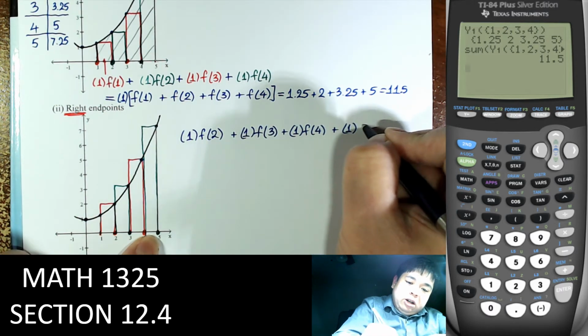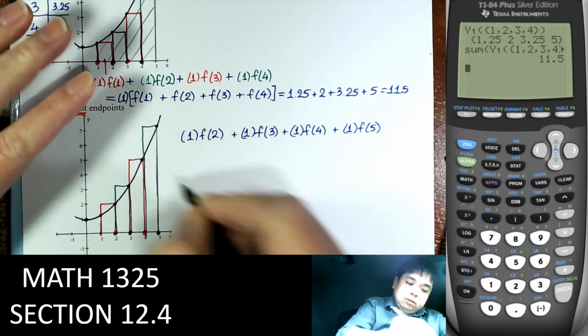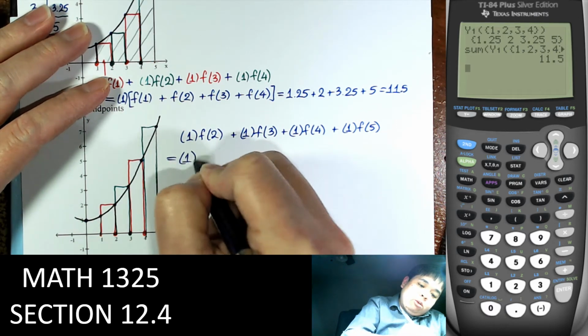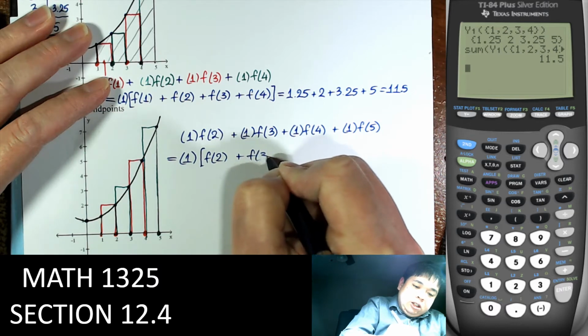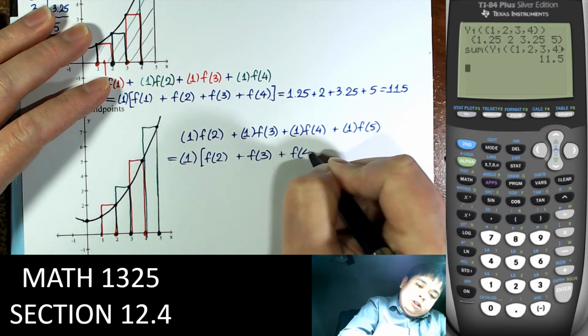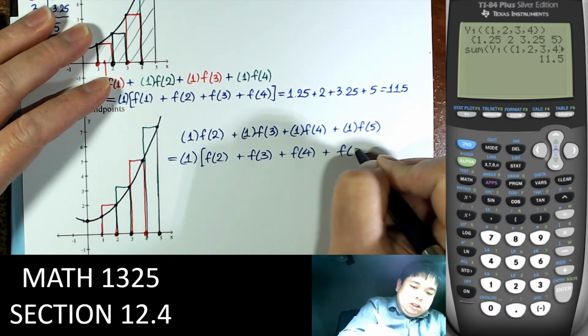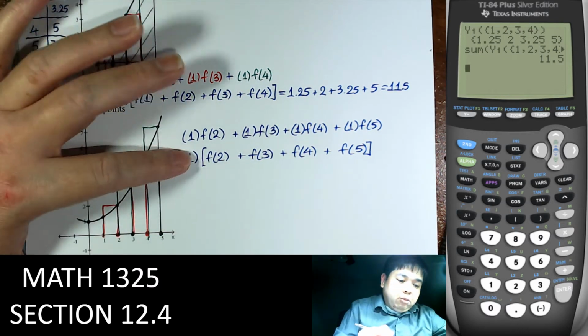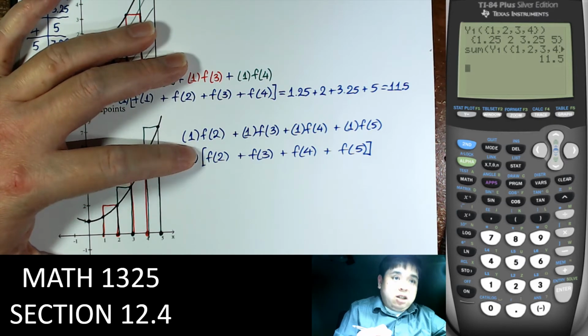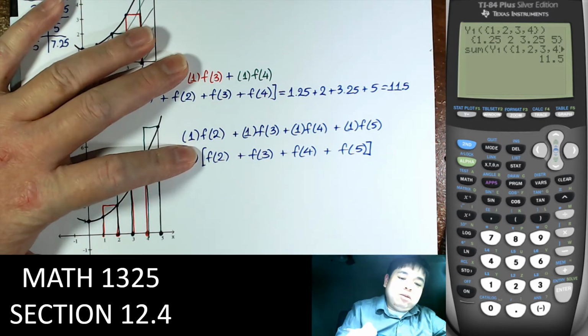And then the last one, f of 5. Right, factor out the 1. And then we have f of 2, f of 3, f of 4, and f of 5. Multiply by 1, of course, we don't really need that. So just f of 2, f of 3, 4, and 5.